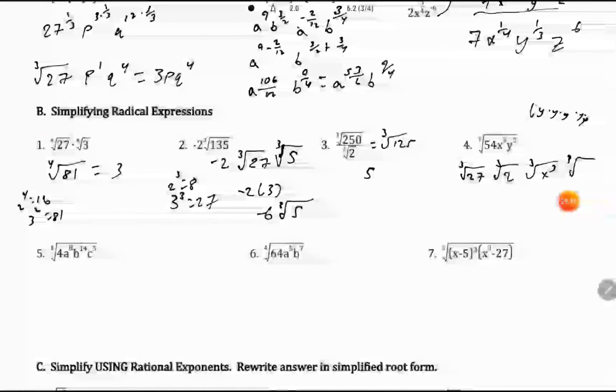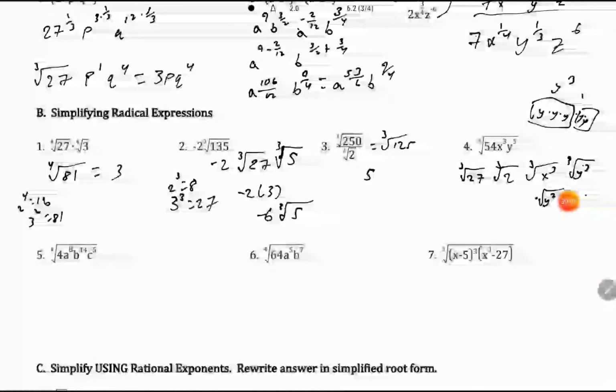So I'm going to take 3 of these y's, because the cube root of y cubed is just y. And then it's going to be what's left over, these two y's. So this is y cubed times y squared.